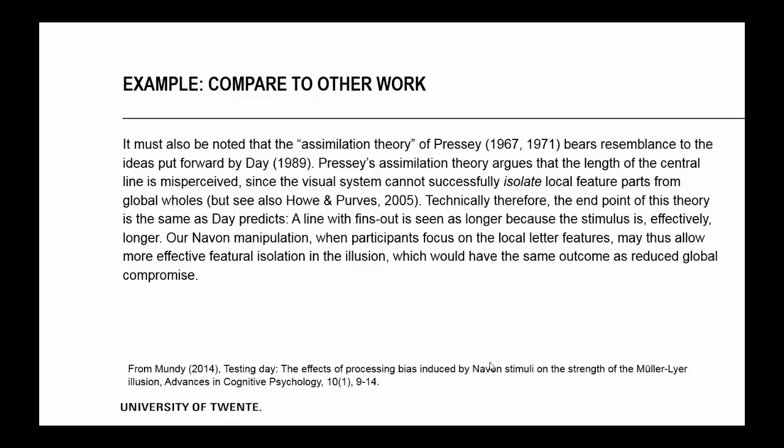The author argues that this other theory could also account for the findings found here. So in that sense, this experiment cannot decide between the theory of Pressey and the theory of Day. But it is a nice example of a concise paragraph looking at the current findings and setting them against different theories.